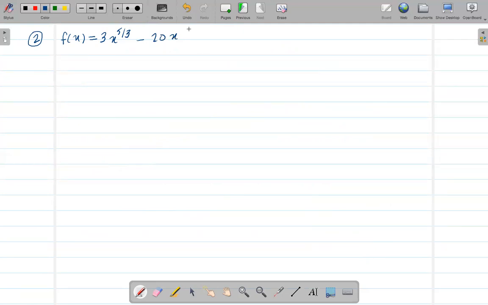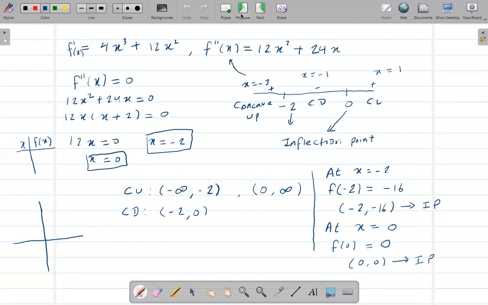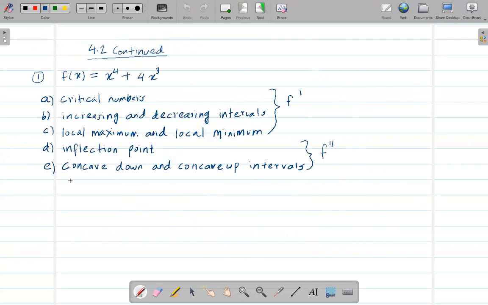This example is basically from the book, but I see a few mistakes in the book, so I'm doing this here again. Again, I have to find the same thing, the whole thing I found here.